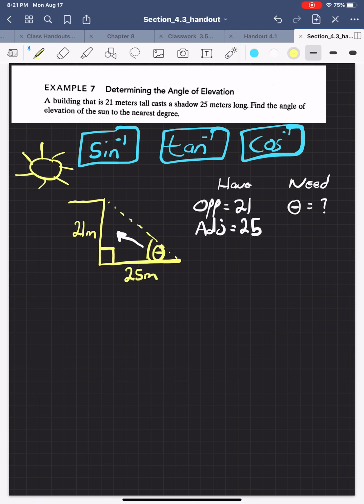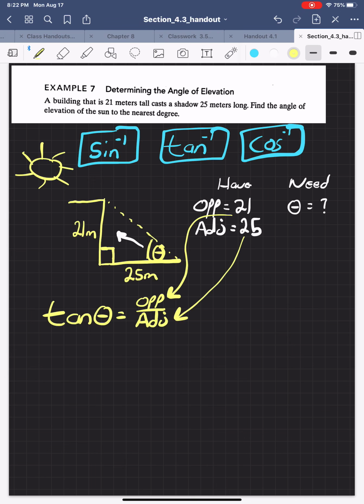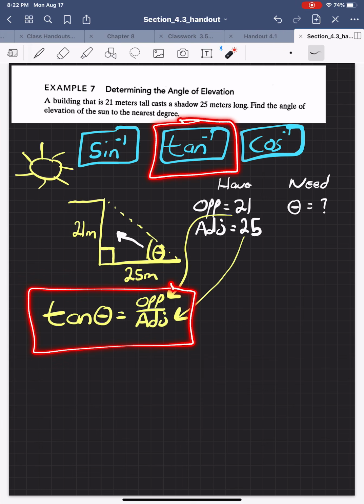So notice that tan of theta is equal to opposite over adjacent. All right, I know what to plug in for adjacent. I know what to plug in for opposite. Stick with me here, because something has to trigger that we're going to use not tan, but tan inverse.